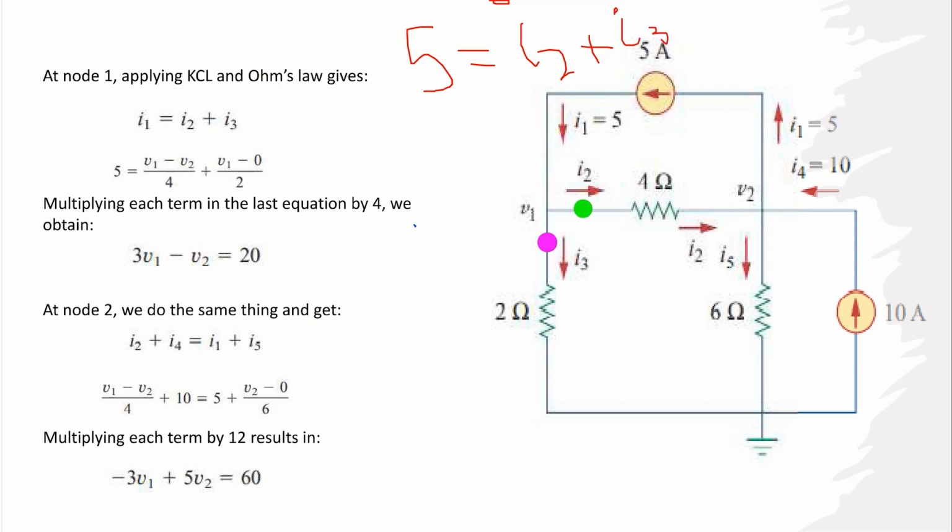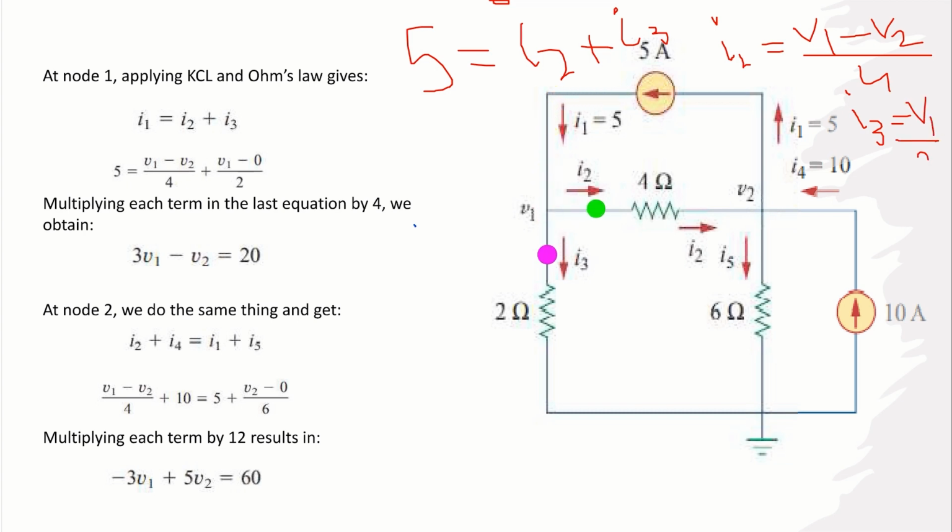And now we can apply Ohm's law. So we know that I2 is equal to higher potential minus lower potential. I2 is flowing from V1 to V2, so we can write it as V1 minus V2 over 4. And similarly, I3 will be given by V1 over 2.